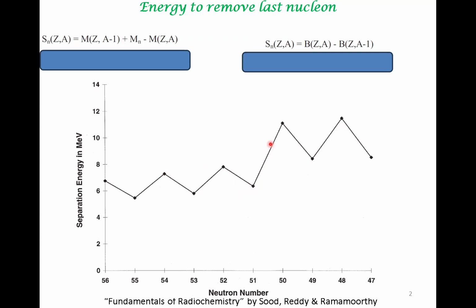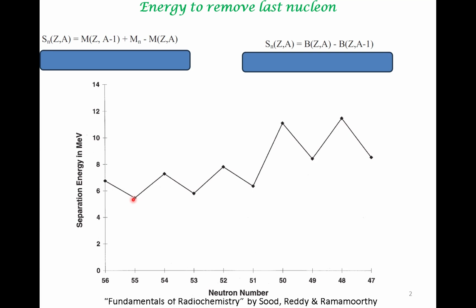Of course there are some variations, and we are not discussing why this increases. That's not the point. The main point here is to bring out the difference between a nucleus that has an even number of neutrons and an odd number of neutrons. That is the main point we are trying to communicate here.